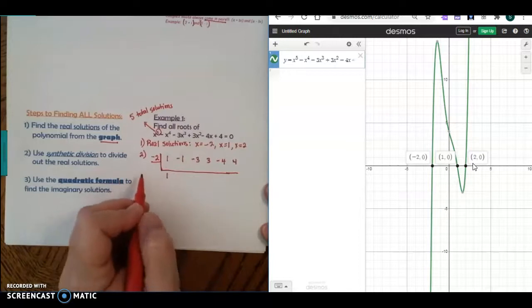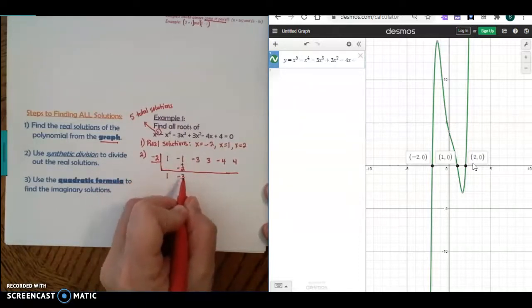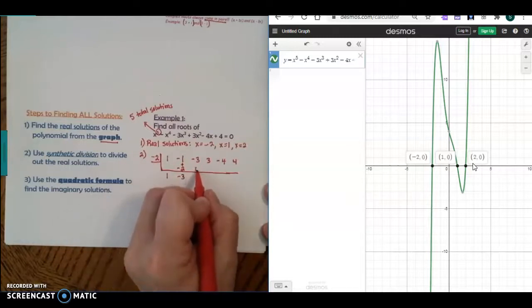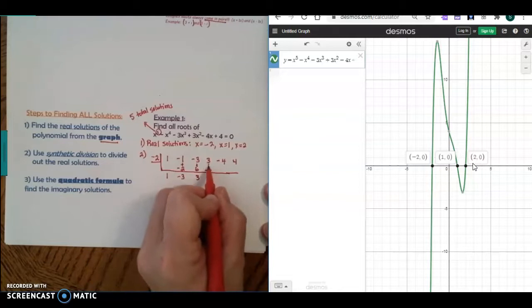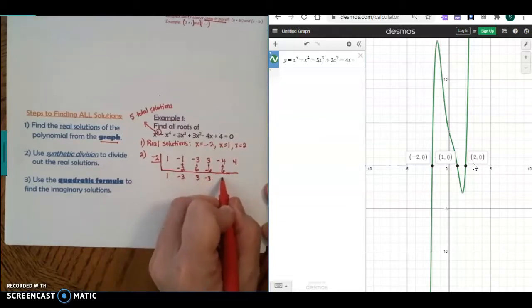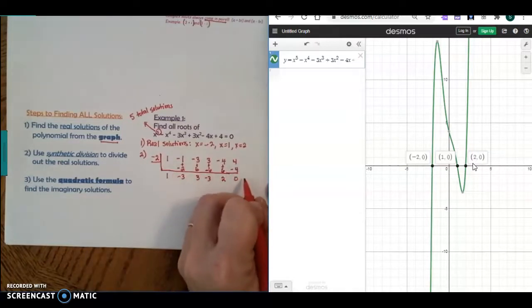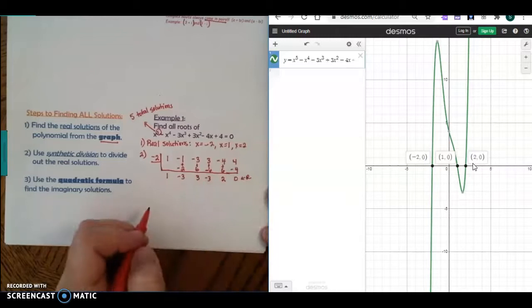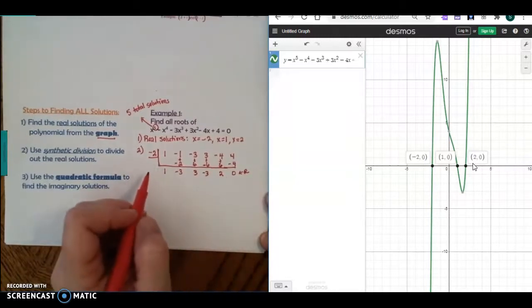So first one comes down, multiply, always adding down. So I get the 0 remainder. And we're good there. You should get a 0 remainder, but you're not finished.